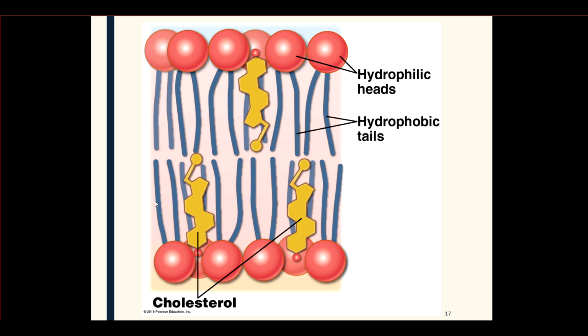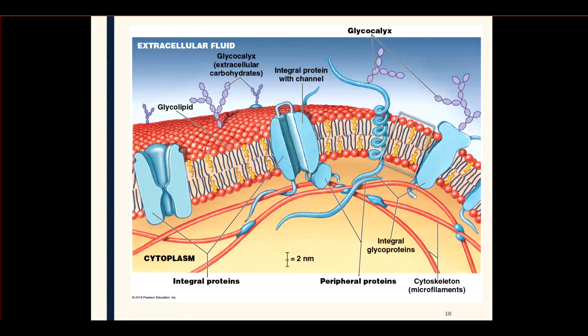So here's our phospholipid bilayer. Notice these yellow structures, guys, this represents the cholesterol. How do I know that? 1, 2, 3, 4 rings, right? So this is a cholesterol molecule right here. Then there's another one here. So they're kind of interspersed. Let's take a look. Here's your phospholipid bilayer.